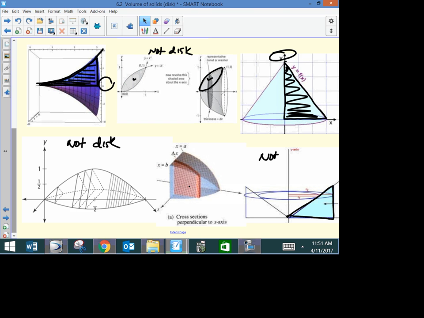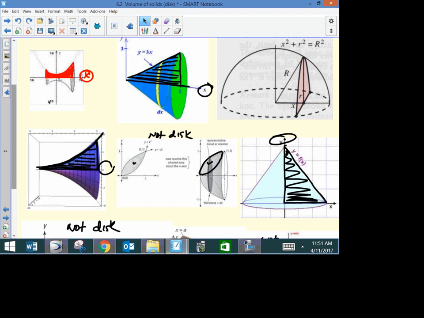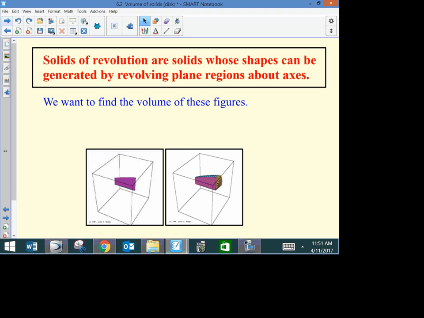For a disc, you're going to take these three right here that are all discs, and you're going to separate, and here's creating the solid by the rotation, okay?